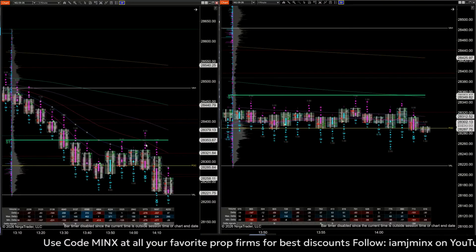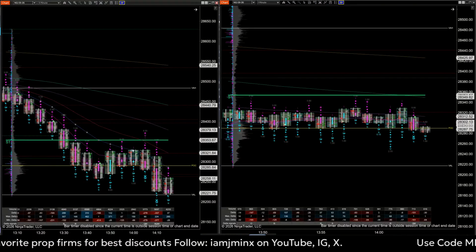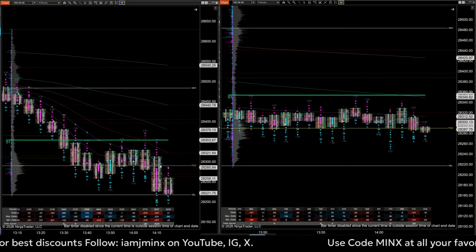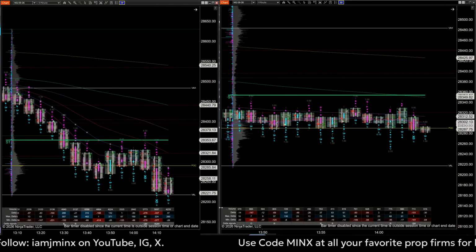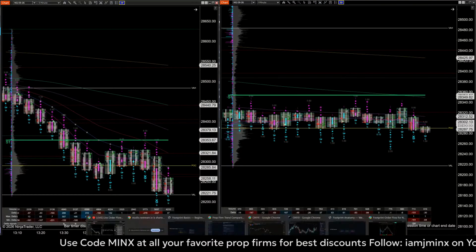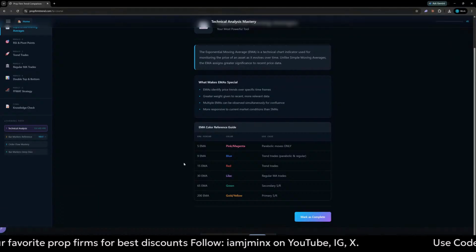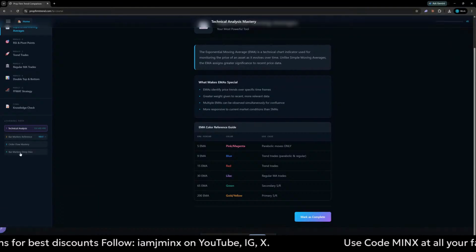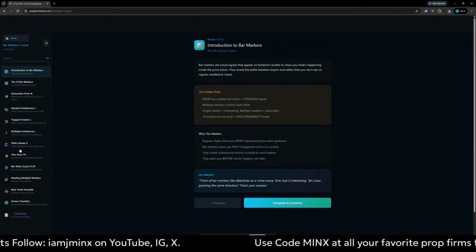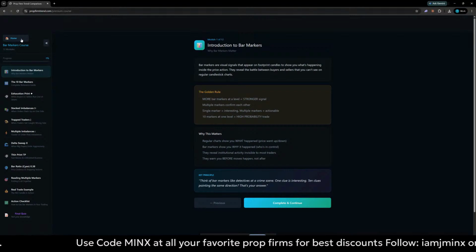For me, the biggest thing would be this little arrow down, which is that delta drop.